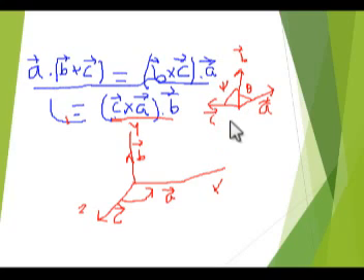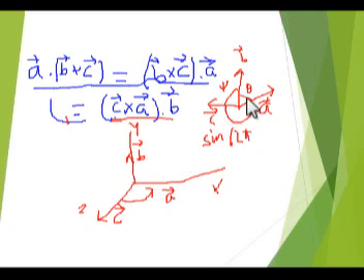So here C cross A vector is actually 2 pi minus sine, and there will also be minus.